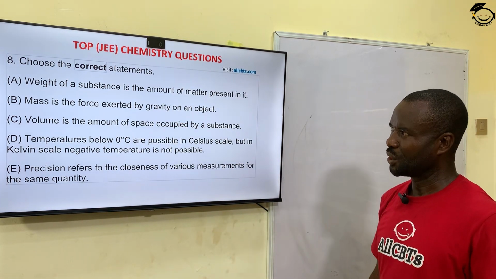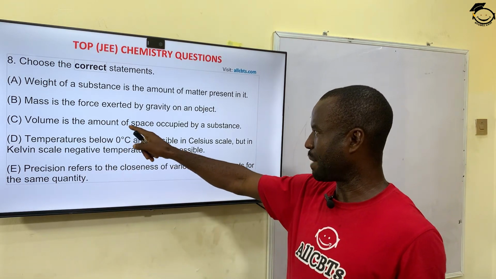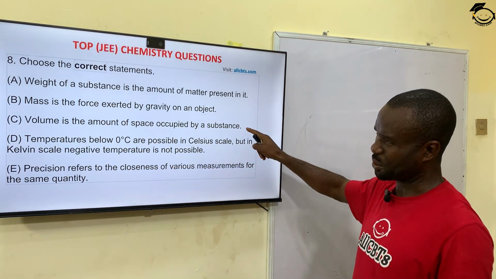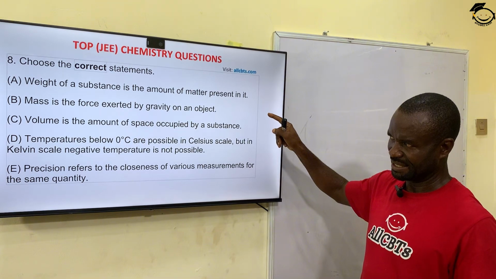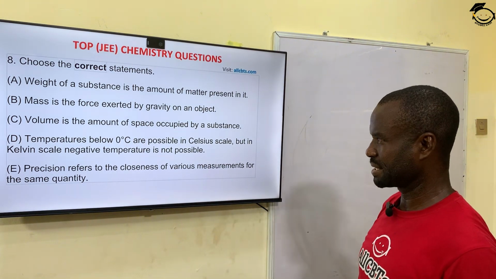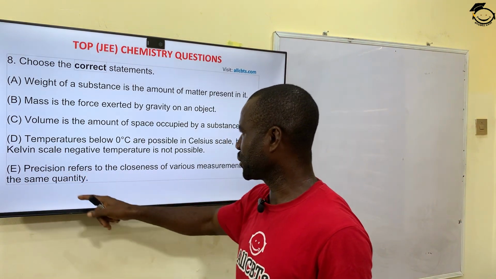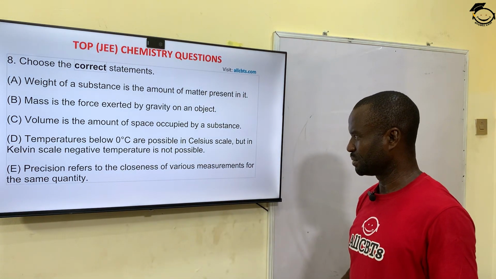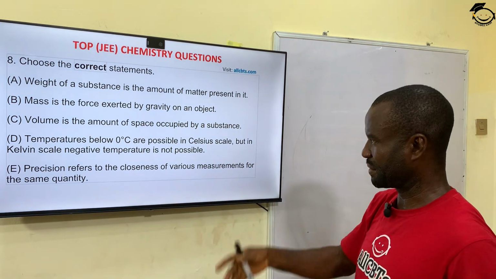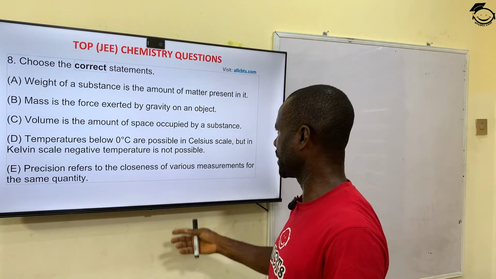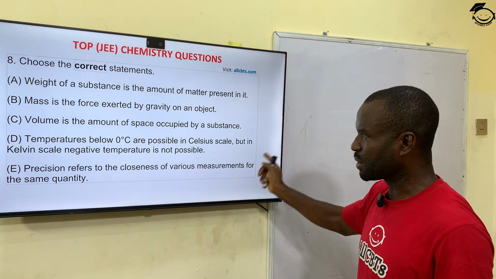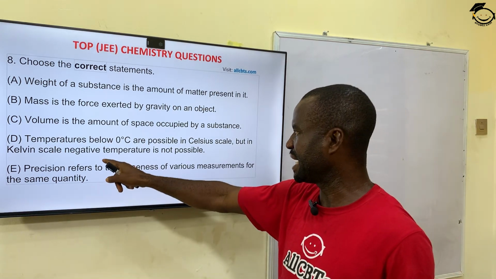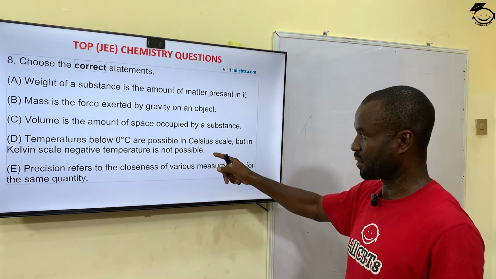No. Volume is the amount of space occupied by a substance. Yes. Now, D. Temperatures below 0 degrees Celsius are possible. Yes, we can have -6, -7, -0.5 and so on in the Celsius scale. But in the Kelvin scale, negative temperature is not possible, correct?